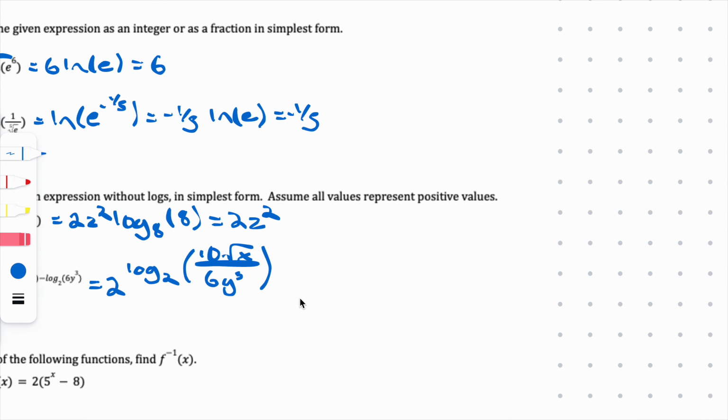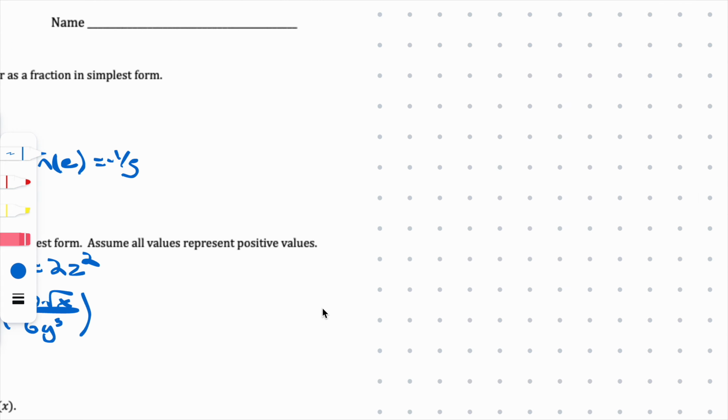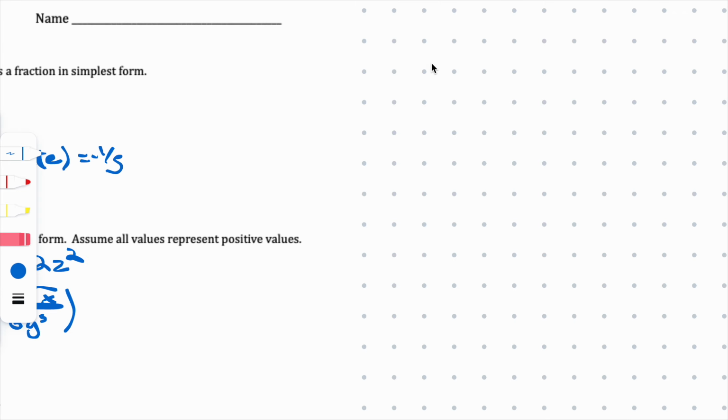So I'm just going to start off with saying another important property is if we have, say, b to the log base b of x, that is all equal to x.